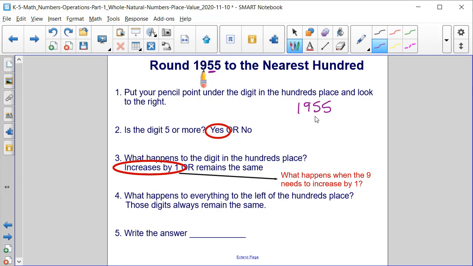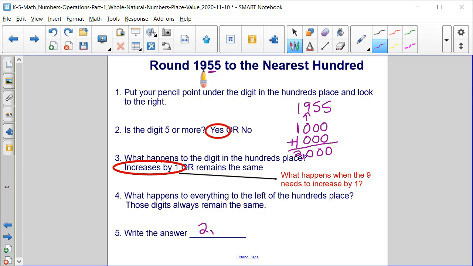I'll write the original problem again. And again, we increased this by 1. So that means that we have 9 increases to 10. And then this extra 1,000 that is sitting here also needs to be dropped down, and all of the other remaining place values are zeros because the 55 ends up going away when we round, and then we can add these up and we get 2,000, which is the number that we found on the number line on the previous slide.